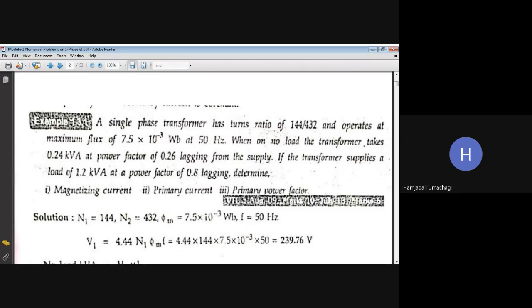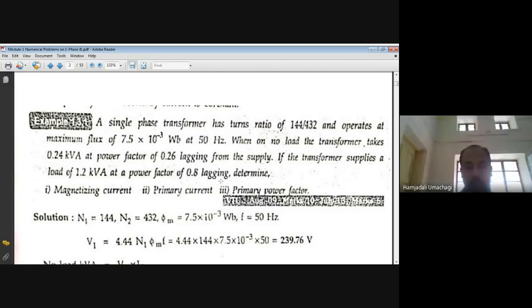With all these given conditions, you need to determine magnetizing current and primary power factor. Always remember, lagging power factor means the connected load will be inductive in nature.